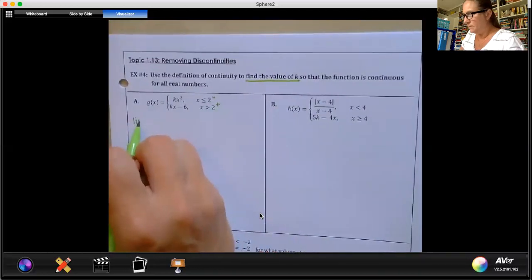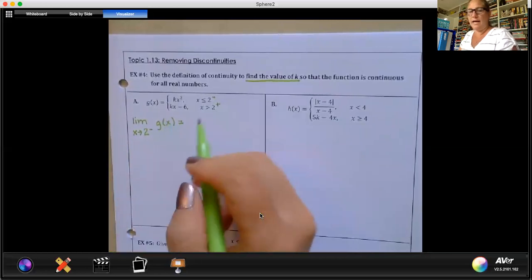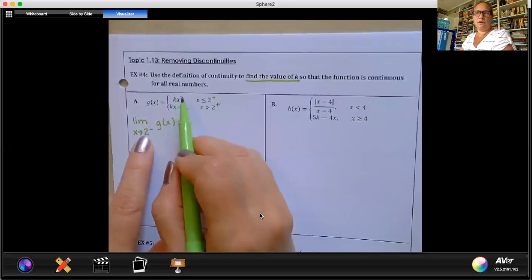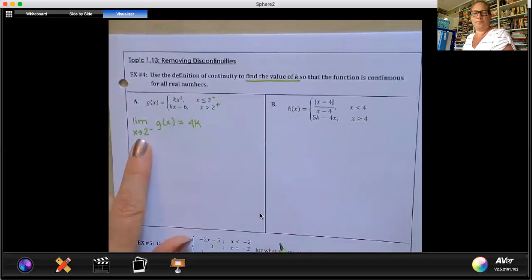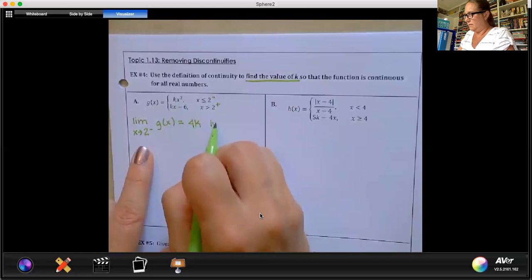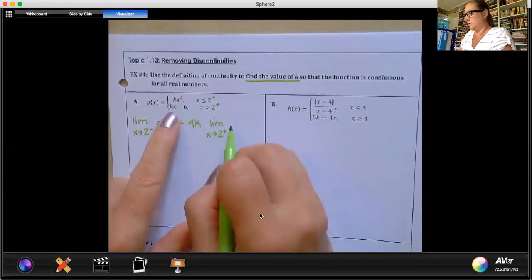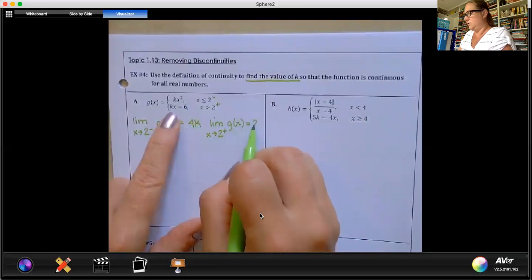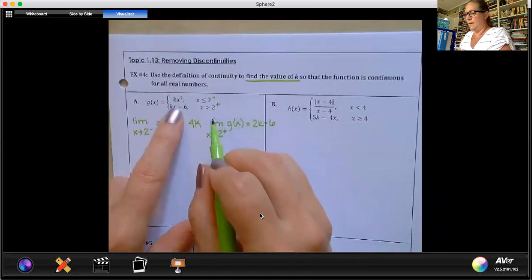The limit as x approaches 2 from the left of g of x means I plug 2 in for x. 2 squared is 4. 4 times k is 4k. The limit as x approaches 2 from the right of g of x is 2k minus 6.